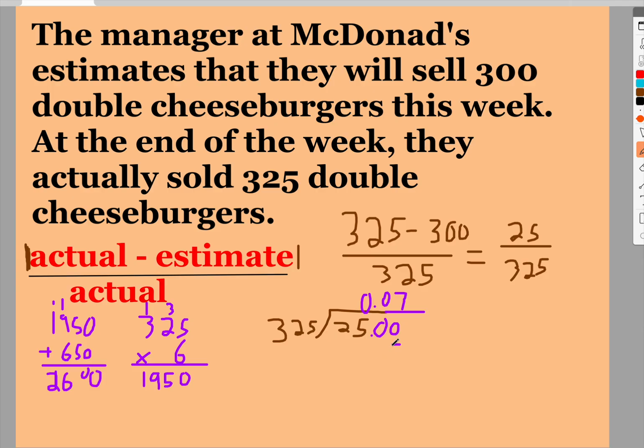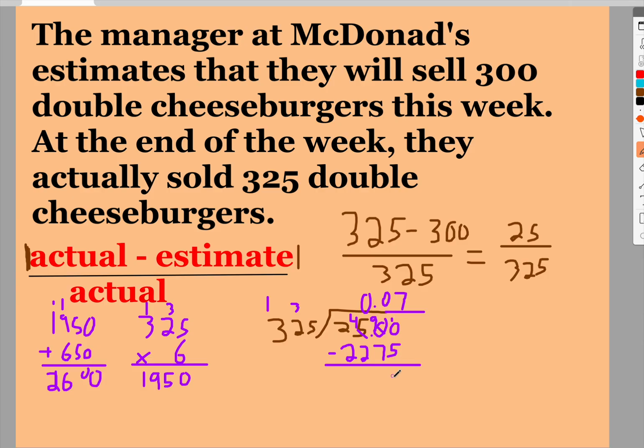7 times 5 is 35. Carry the 3. 7 times 2 is 14, plus 3 is 17. 7 times 3 is 21, plus 1 is 22. Subtract that. Got to borrow. This becomes a 10, which becomes a 9.